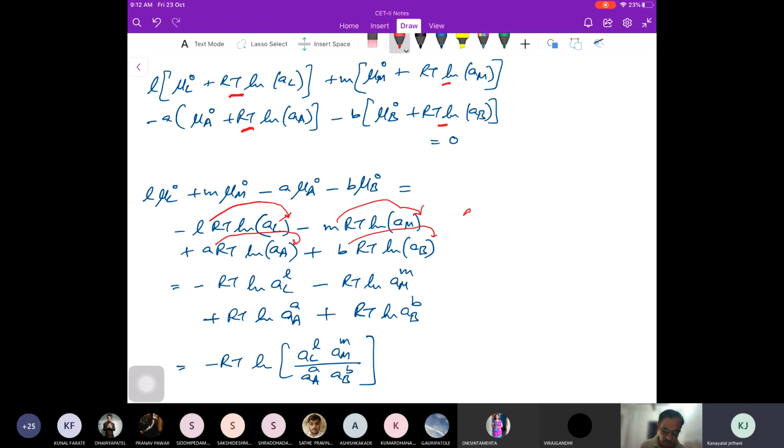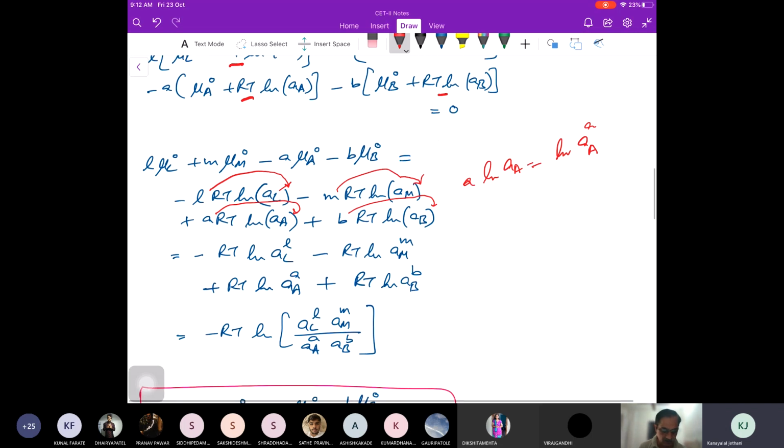Because a into ln of a A is nothing but ln of a A to the power of a. So what you'll get is minus RT ln a L raised to the power of l, minus RT ln a M raised to the power of m, plus RT ln a A to the power of a, and plus RT ln a B to the power of b.